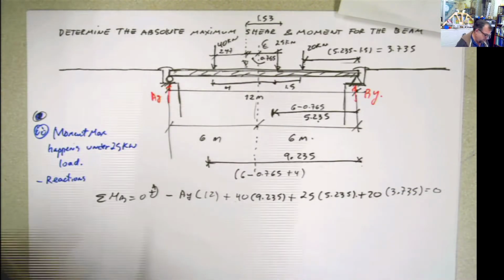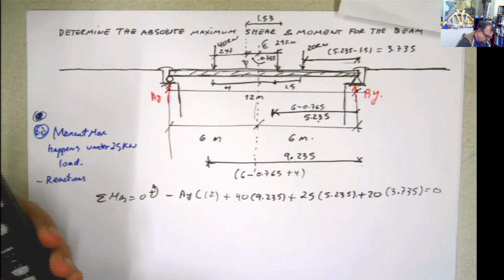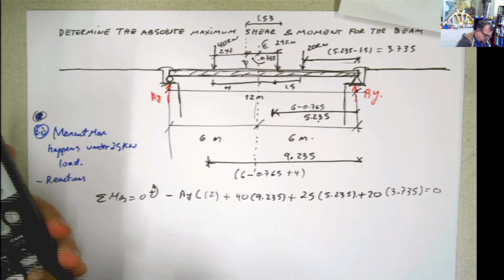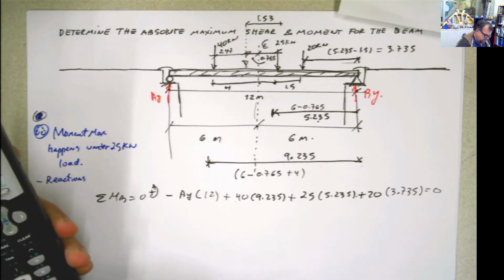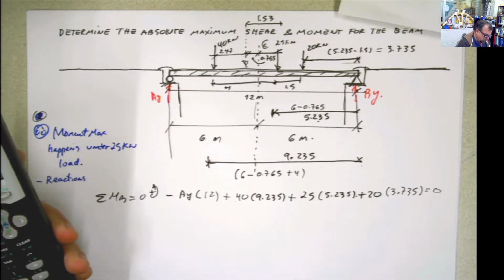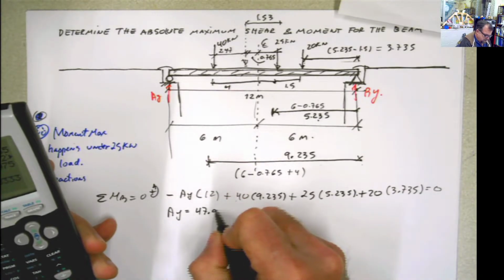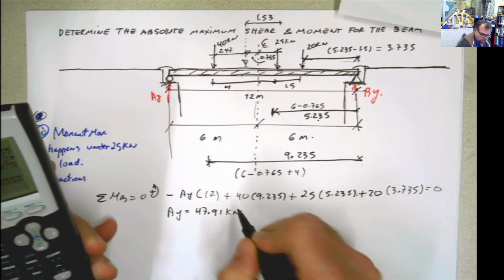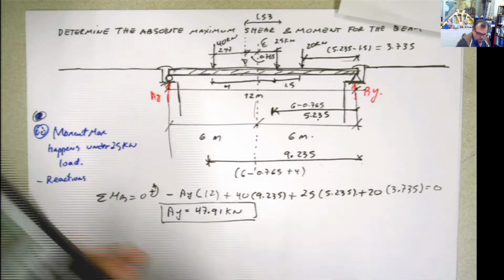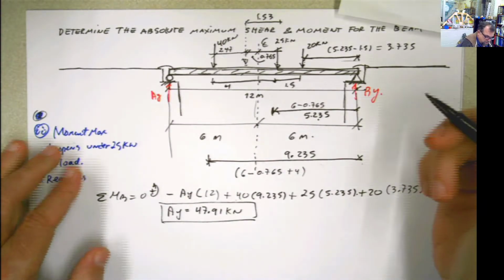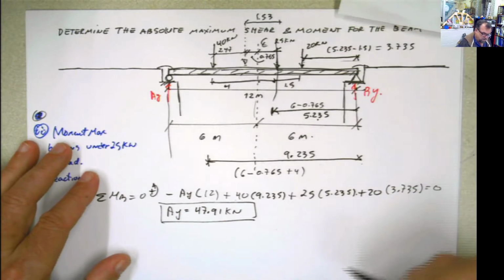Okay, let's see if I get that. 40 times 9.235 plus 25 times 5.235 plus 20 times 3.735 divided by 12, and that is 47.91 kilonewton.